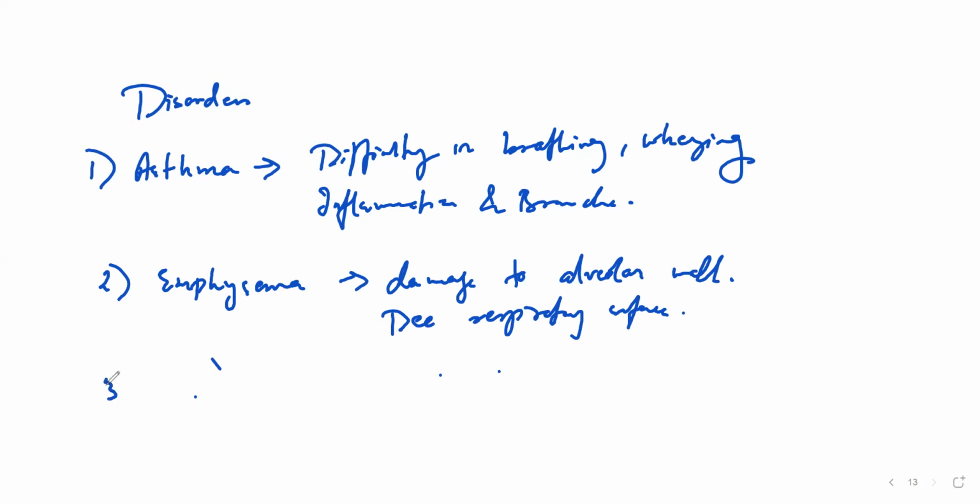Then the third one is the occupational respiratory disorder. Occupational respiratory disorder means people who work in certain industries like mining, where dust is involved in a major amount, may have this disorder. According to their occupation, their work, this disorder occurs. Your defense mechanism will not be able to cope with the work you do.